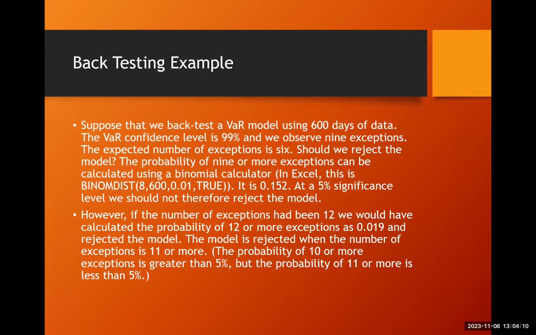You then get a probability, or a p-value, and we will compare this. The standard for hypothesis testing is to use a 95% significance level.